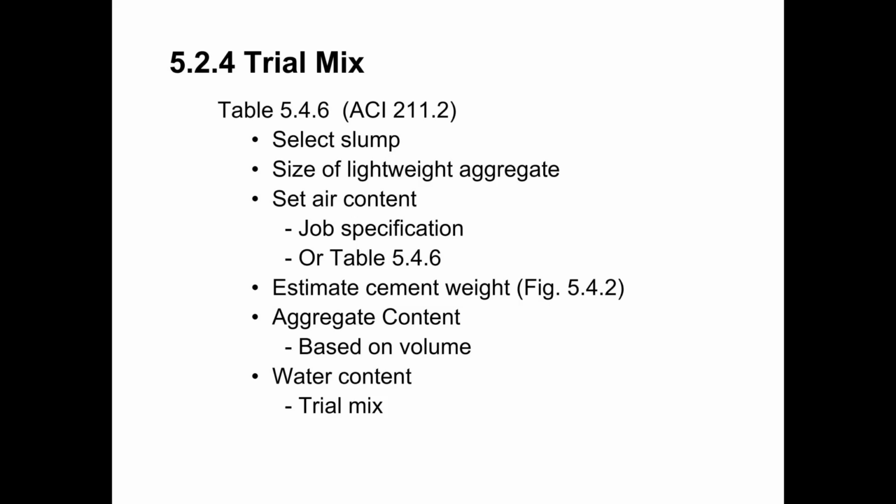And if you are accurately accounting for the aggregate moisture, then you shouldn't have any issues with wide variations in the yield of the mix. All right, and then lastly is our water content, and then we start the trial batching process. So that's the basic steps for developing a lightweight concrete mix design.